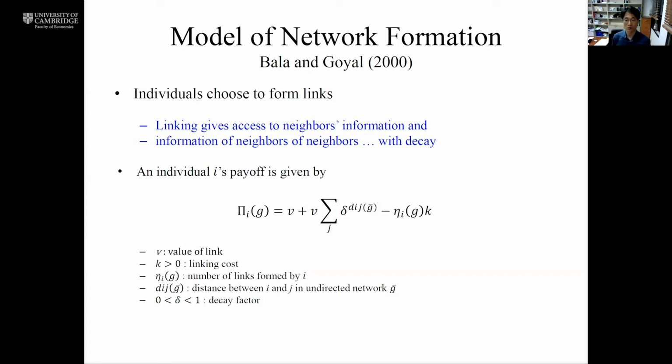The first two components are the benefit of linking. The last one, on the right-hand side of the equation, shows the cost of linking, and k is the constant marginal cost of linking. So these are the basic settings of the problem.